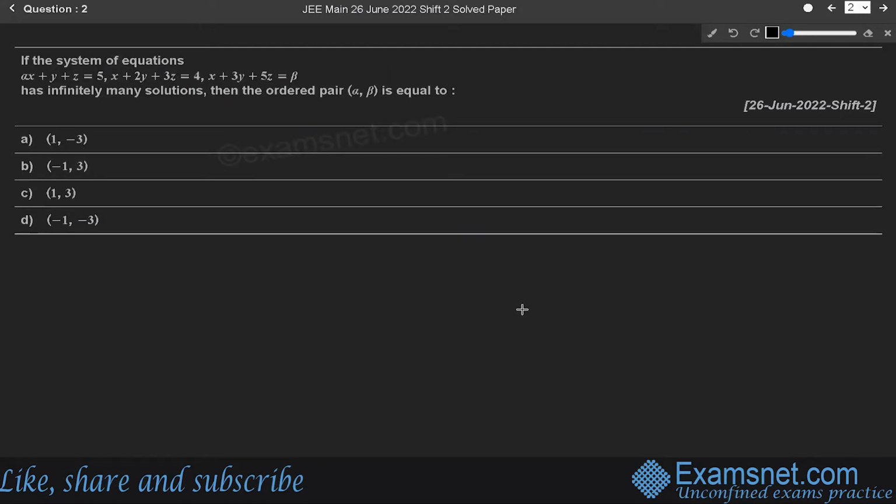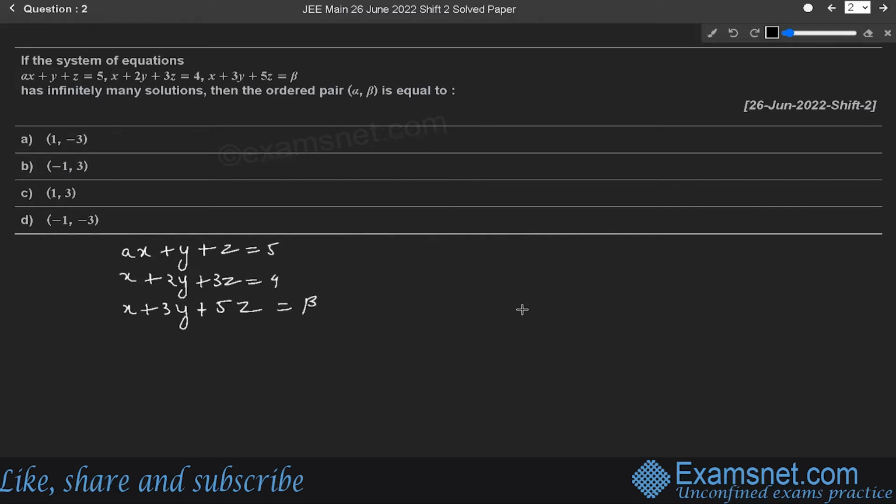Next question is: if the system of equations αx + y + z = 5, x + 2y + 3z = 4, and x + 3y + 5z = β has infinitely many solutions, then the ordered pair (α, β) is equal to... So we have to find the values of alpha and beta.